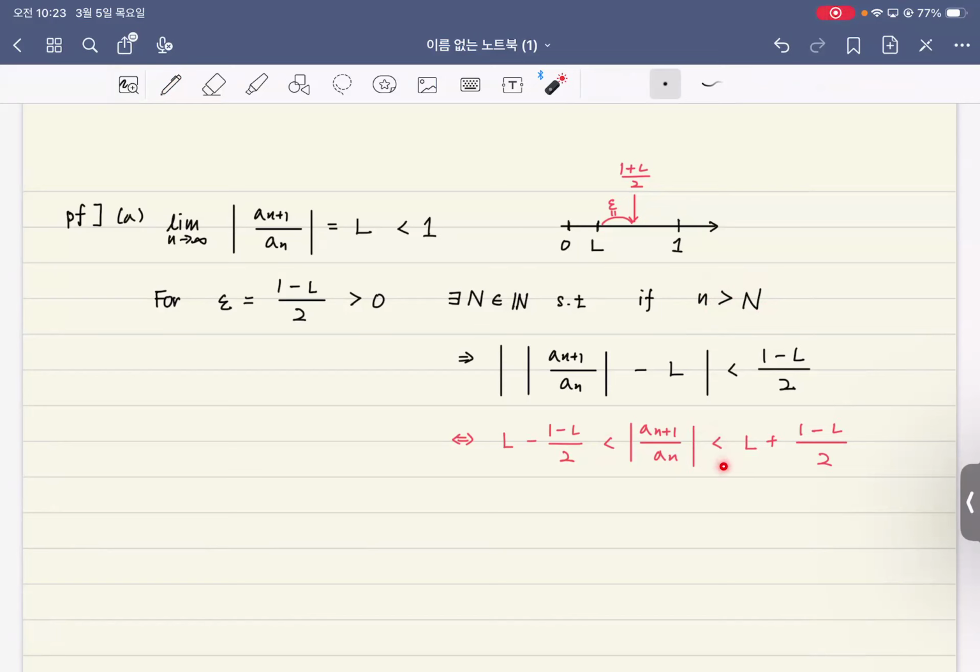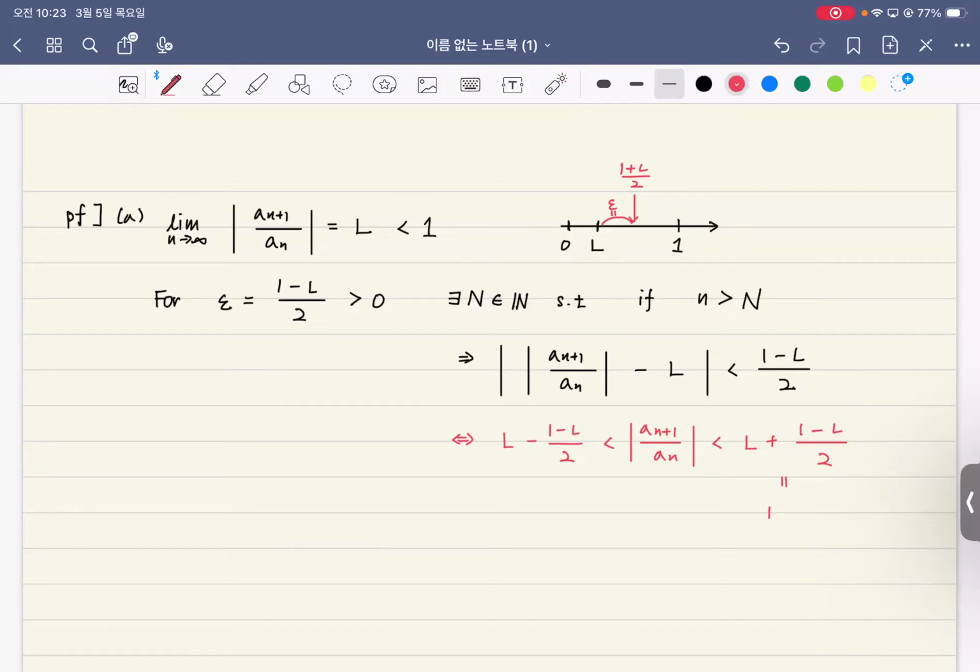However, I do not need both at the same time. I will only need this one alone, so let me simplify it. L plus (1 minus L) over 2 simplifies to (1 plus L) over 2.